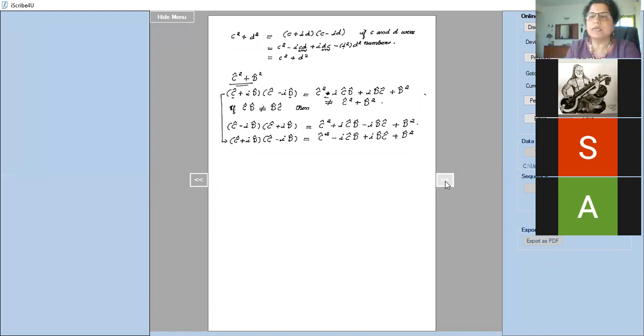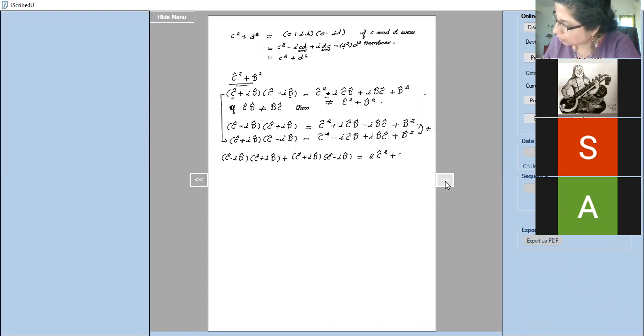Yeah. Now let's add these two. If I add these two, what will I get? On this side, I will get C minus iD into C plus iD plus C plus iD into C minus iD is equal to 2C square plus 2D square.